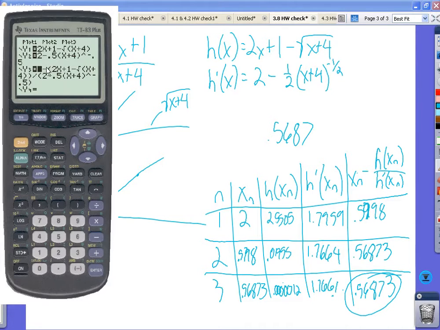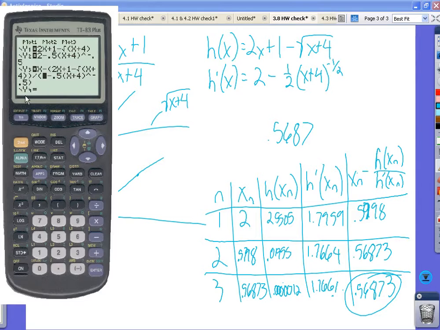Making sure I have all the parentheses I need around this one for the numerator. This one is the square root's parentheses, so square root and then numerator parentheses divided by h prime of x. Here's h prime of x. Parentheses for the denominator, 2 times 0.5 times parentheses, because I know I'm going to raise this x plus 4 to a power, the negative 0.5 power.